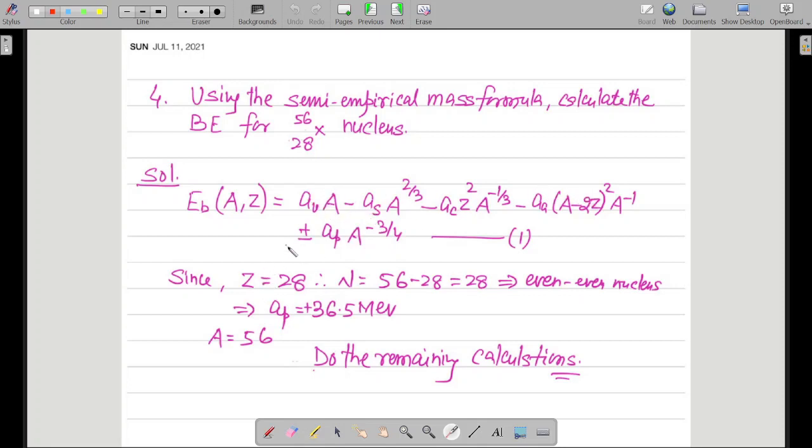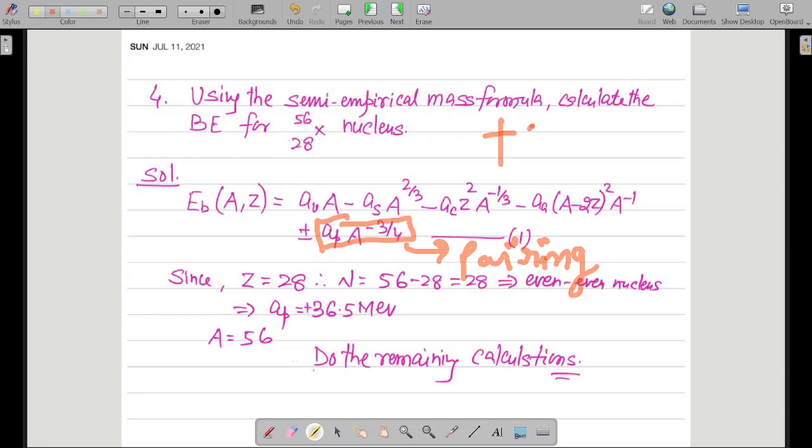Now, in that semi-empirical mass formula problem which we have already discussed in the previous lectures, you must have learned that this particular term, the pairing energy term, can have three values.